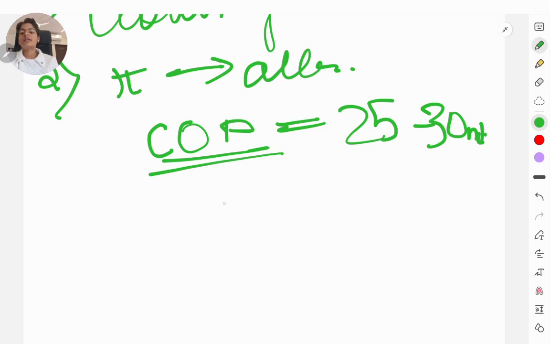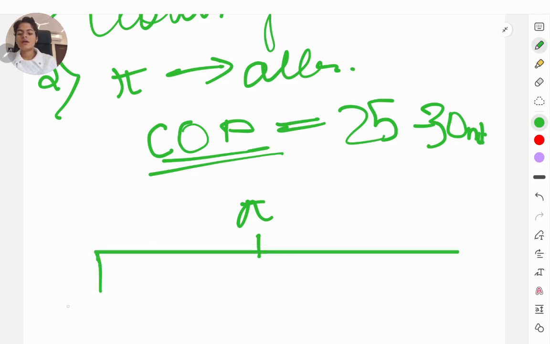Now, there are two types of pressure. First is hydrostatic pressure and second one is colloidal osmotic pressure.